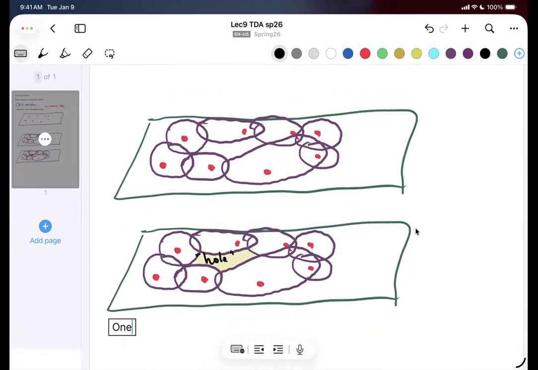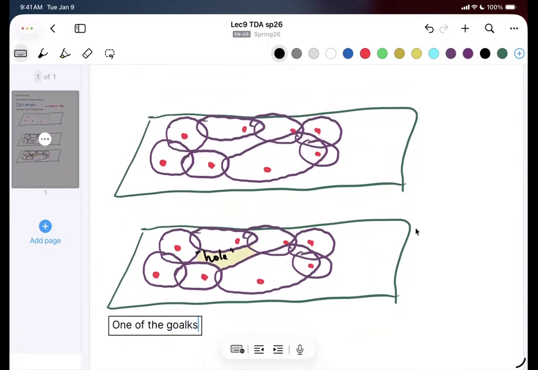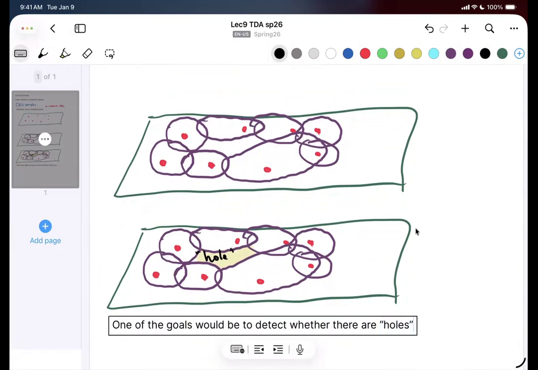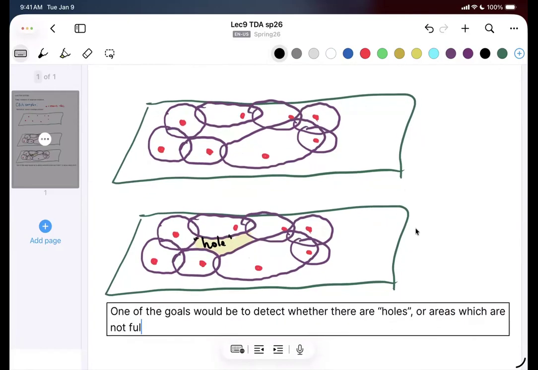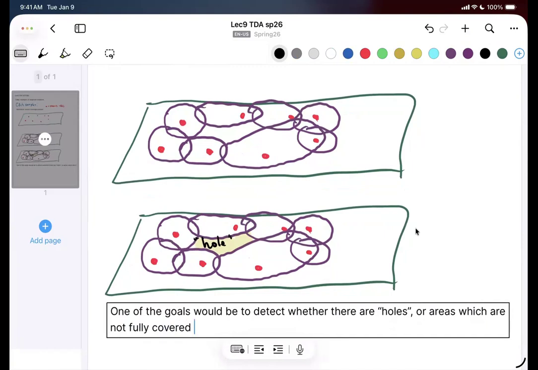Whether there are holes, or again, I'm being ambiguous on purpose, areas which are not fully covered. Okay, so far so good.